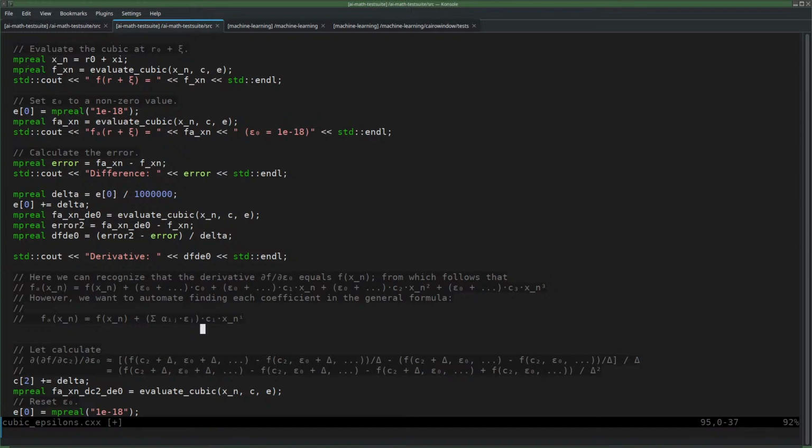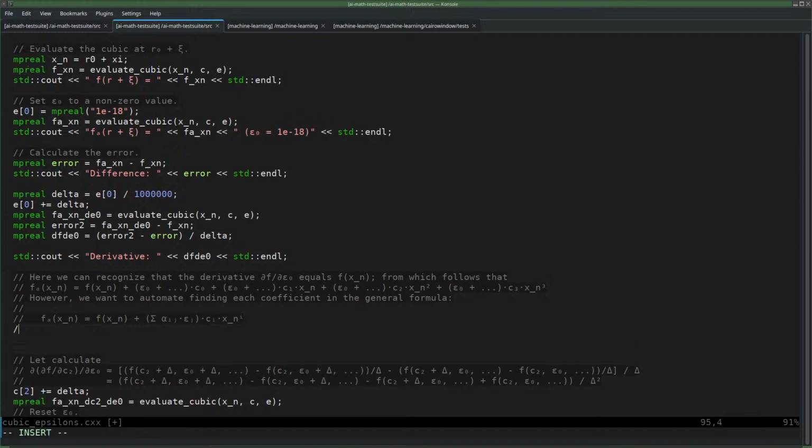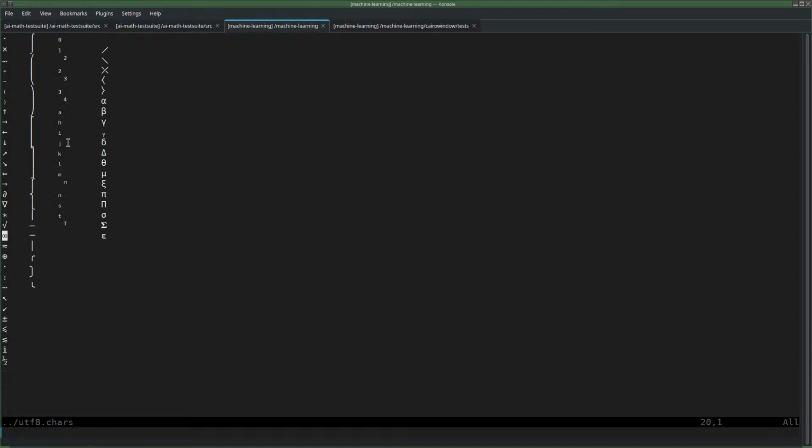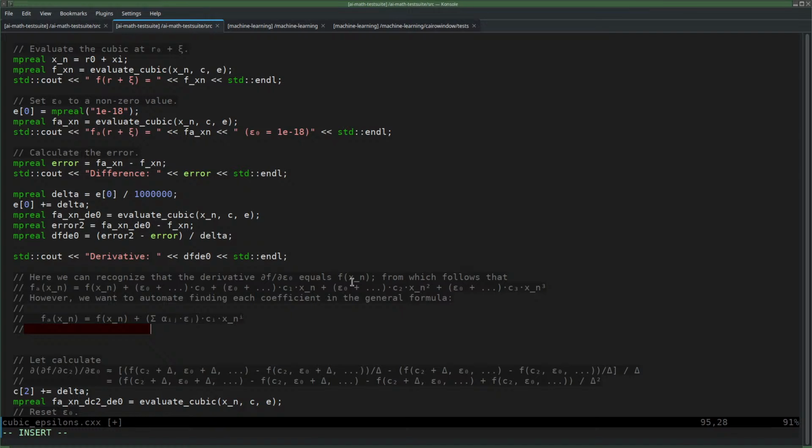I need another sigma. So this sigma runs over all J then. I don't have a J like that, so I just use a normal J, I suppose. And then in front of this you need another sigma. Runs over all I's. Let's add another.